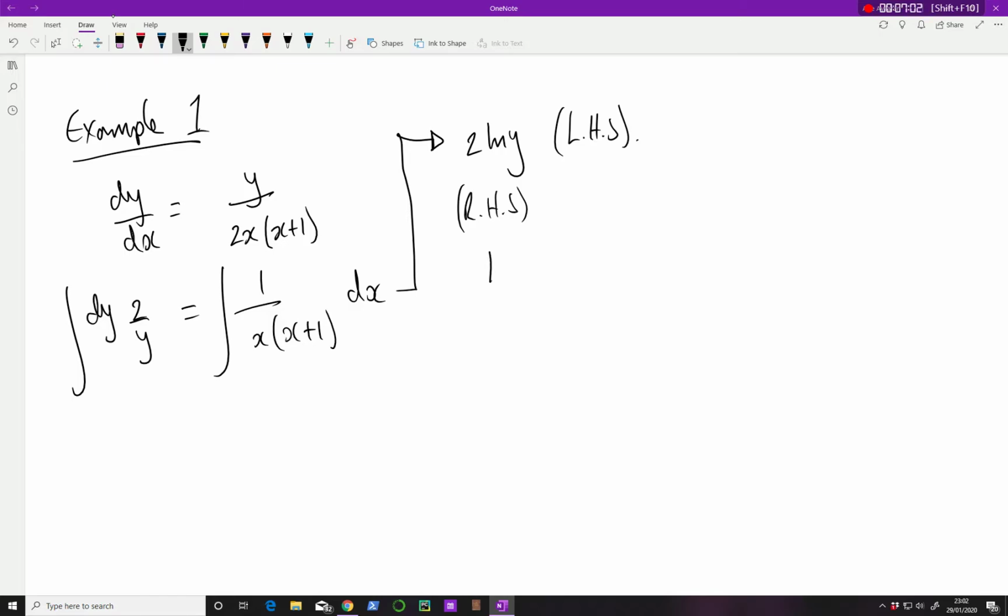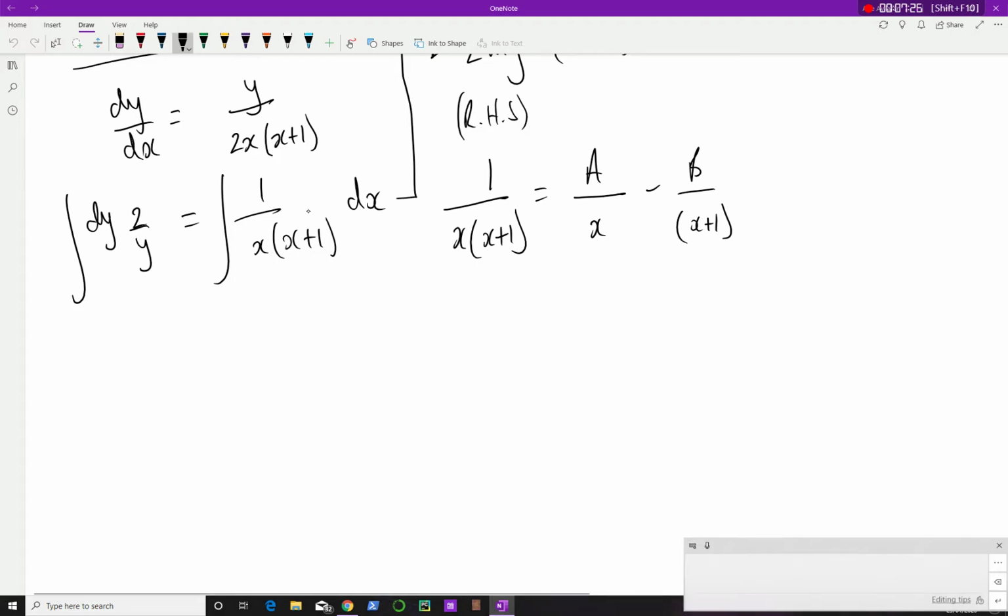So the right hand side is currently this. And the way we dress up partial fractions is to have a constant divided by one part of the variable minus another constant divided by the other variable or function rather.